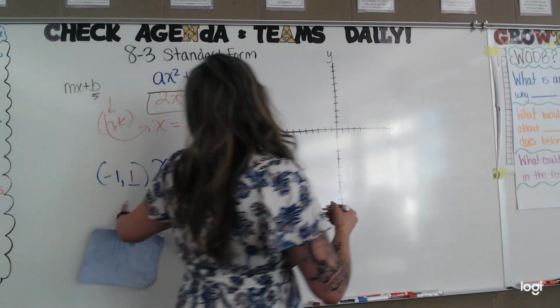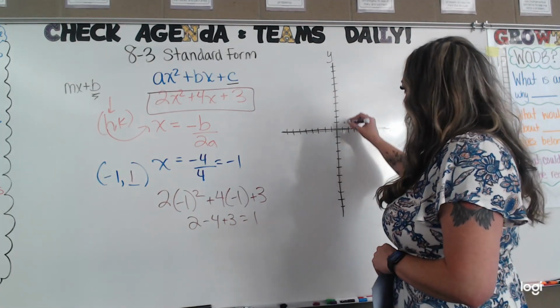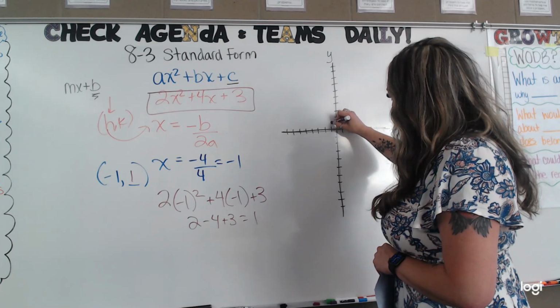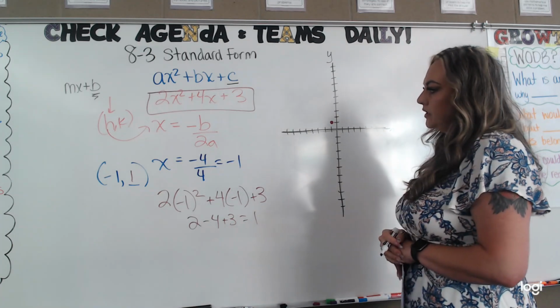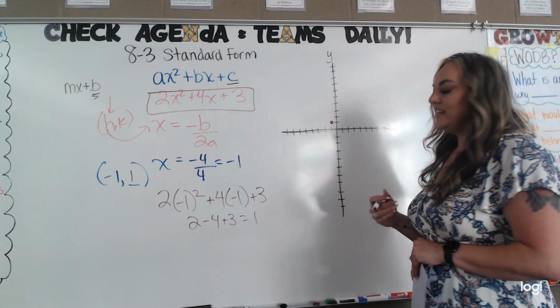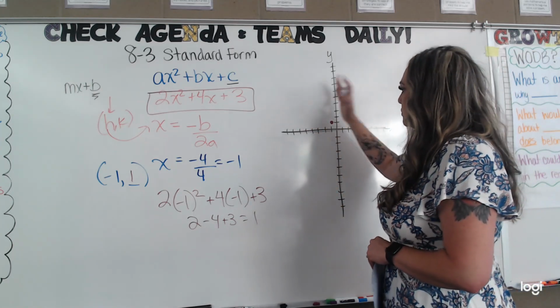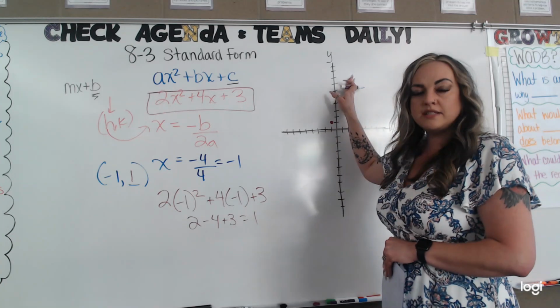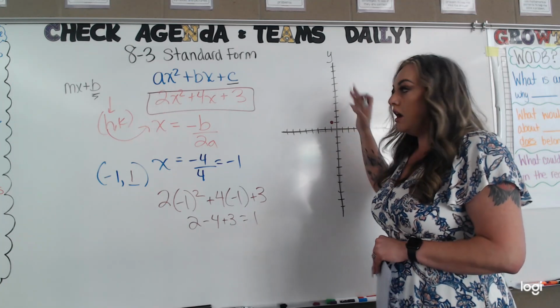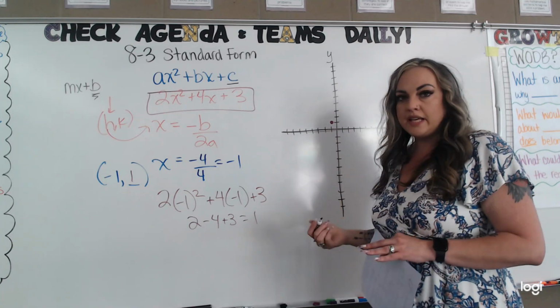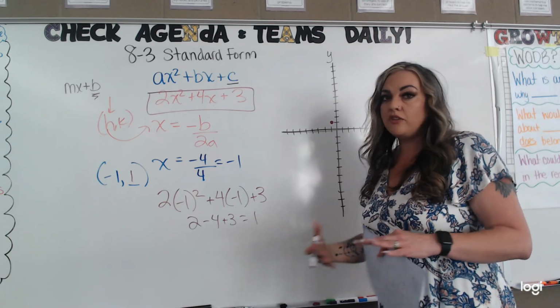Now we can come over to our graph and get our vertex done. Negative 1, positive 1, right there. We need at least 2 more points, and then we can use those to reflect across our axis of symmetry. All our axis of symmetry is our x value in our vertex.